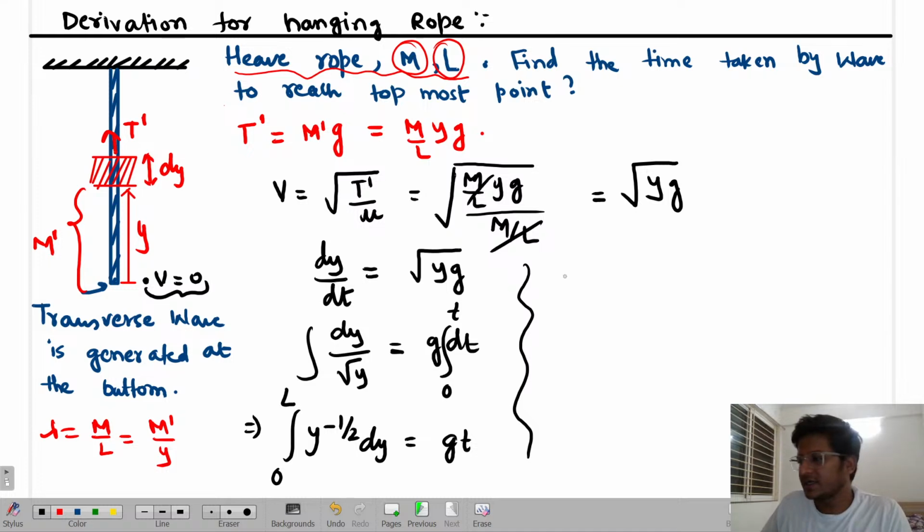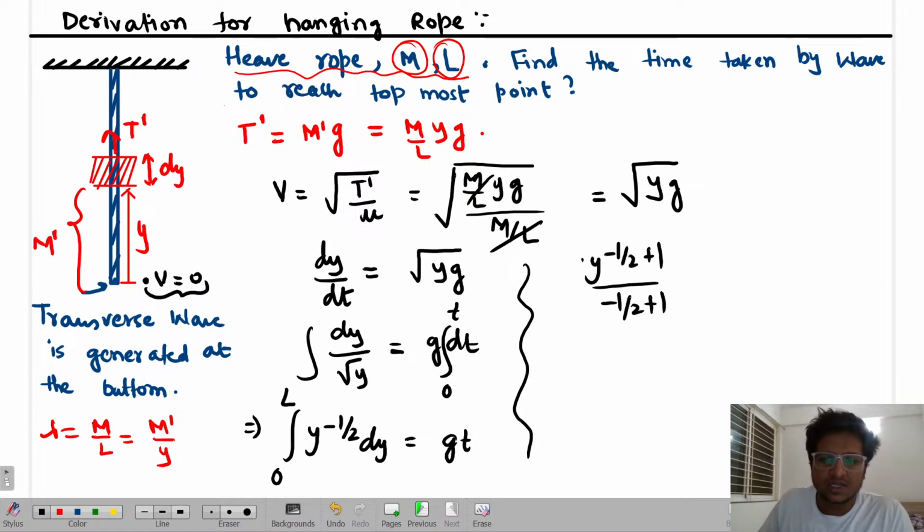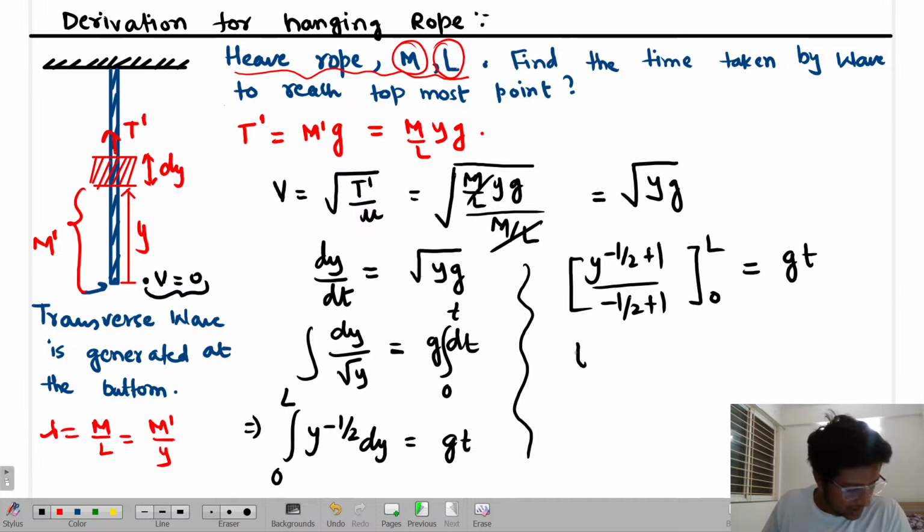So if I do that integration, what I'm going to get is y to the power of minus 1 by 2 plus 1, divided by minus 1 by 2 plus 1, and the integration from 0 to L is equal to gt. So if you do it, you'll get that time is actually equal to 2 root under L by g. What will it appear as?